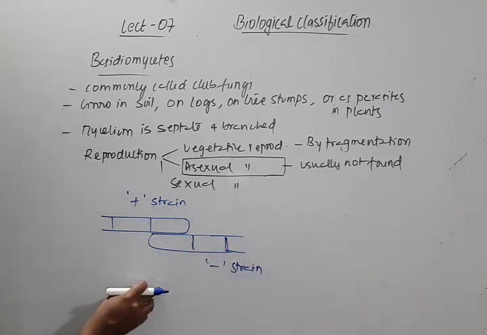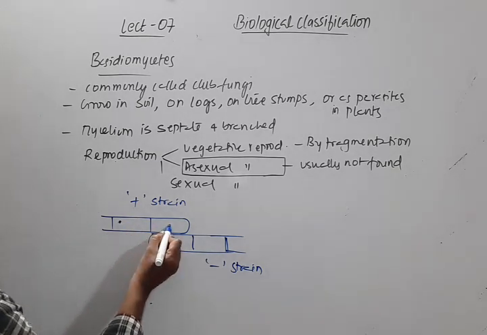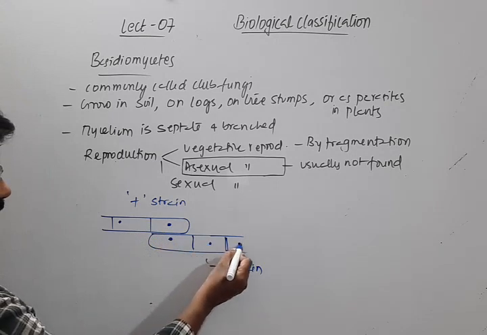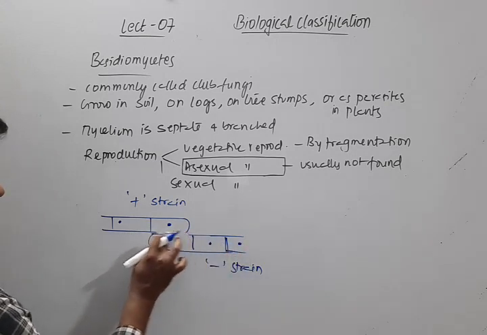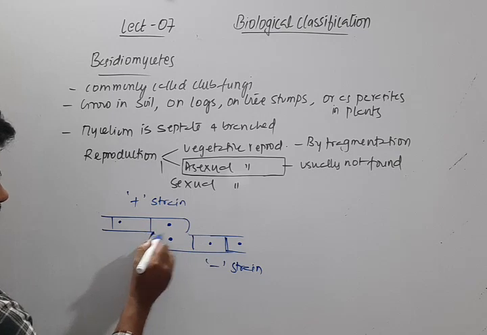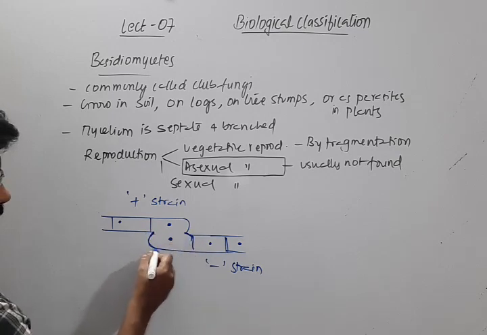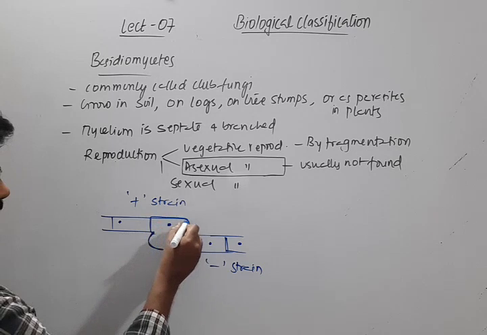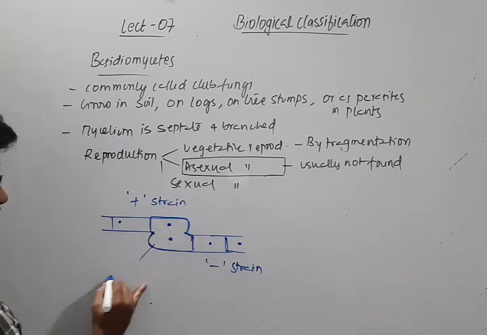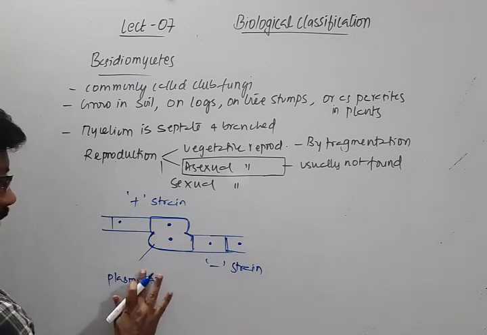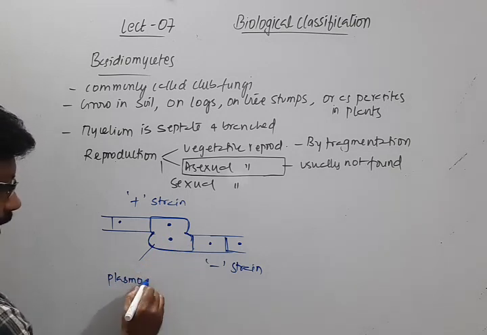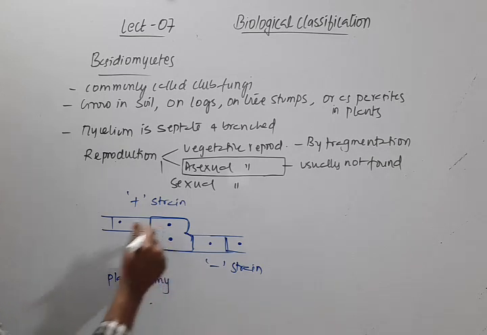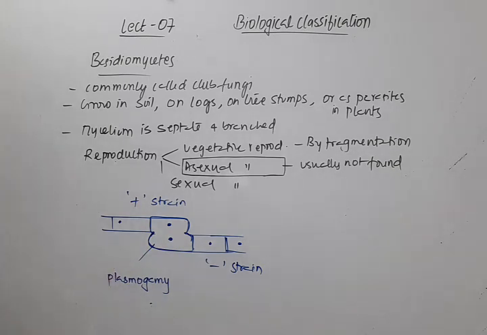When these two different strains or genotypes come in contact, the first fusion is plasmogamy. So the plasmogamy actually results in a condition called dikaryon, that is a dikaryotic stage.